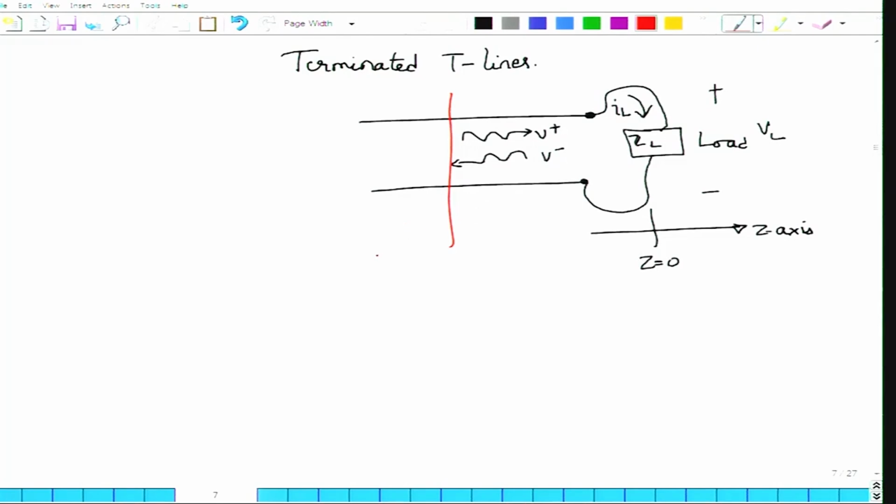So, the total voltage here in terms of the phasor that I would have is given by V0+ e^(-jβz) + V0- e^(jβz). So, the V0+ wave or the positive z travelling wave will be going along the plus z direction, and this V0- e^(jβz) will be going along minus z direction.